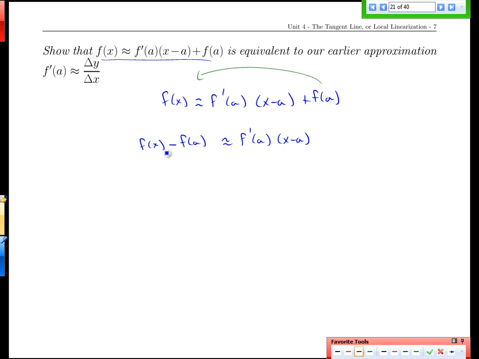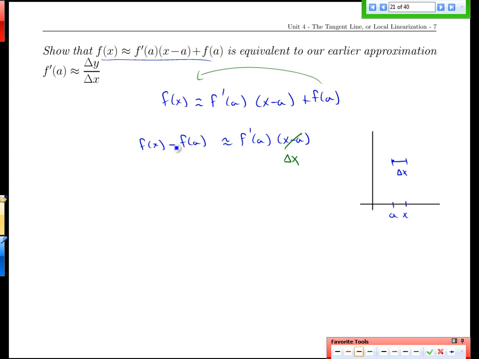So this is our real contiguous function that might be curved. Here's the slope and that difference. Well, wait, difference. Let's put our points on here, x and a. That distance between x and a, we would usually call that a change in x. So we can call it delta x.